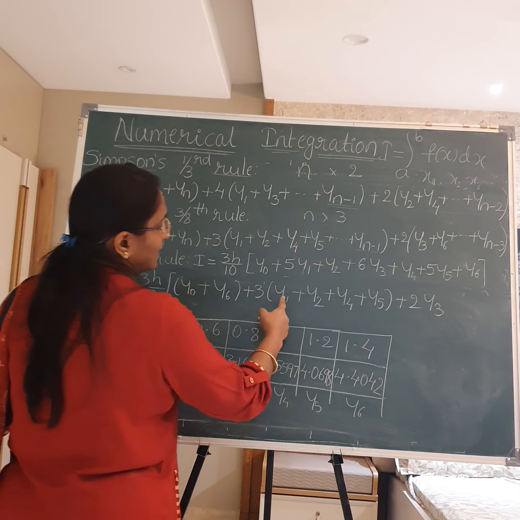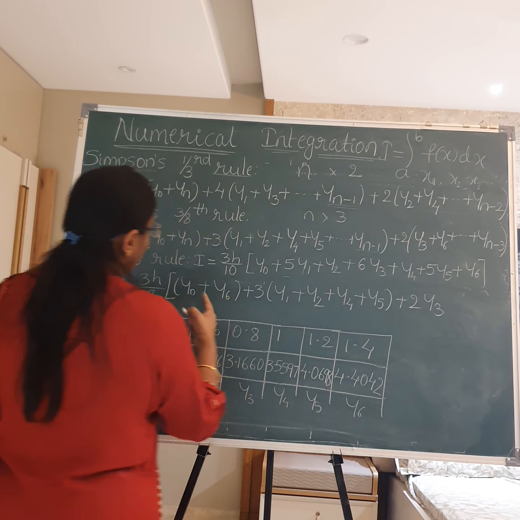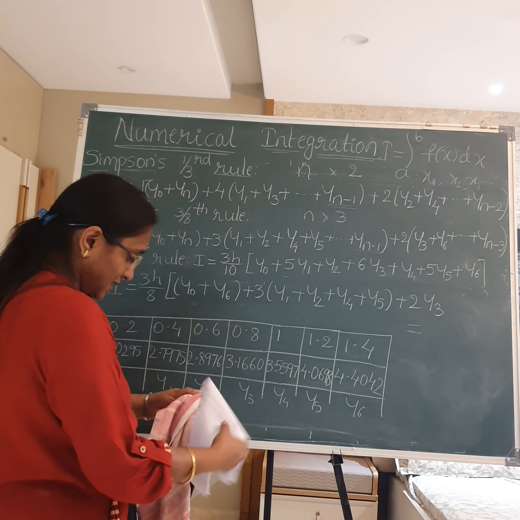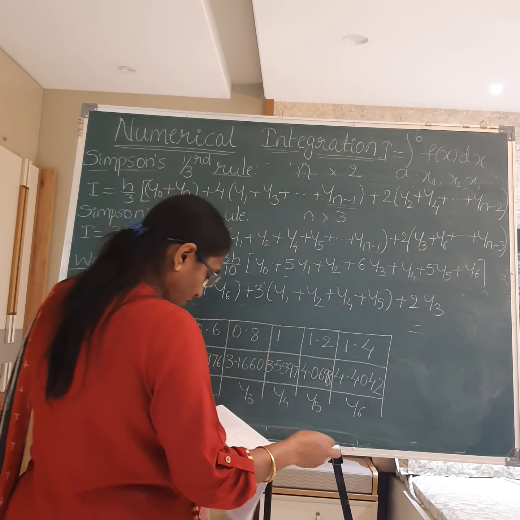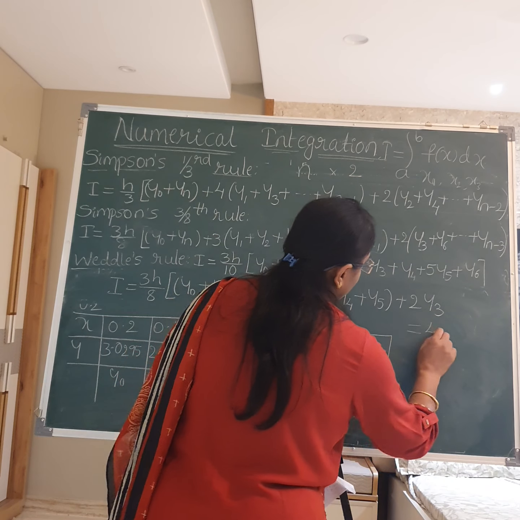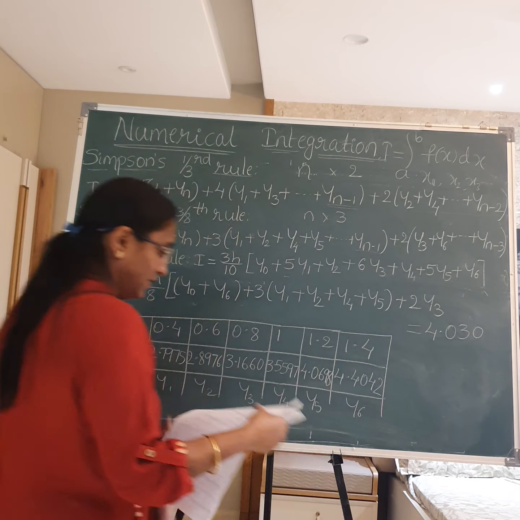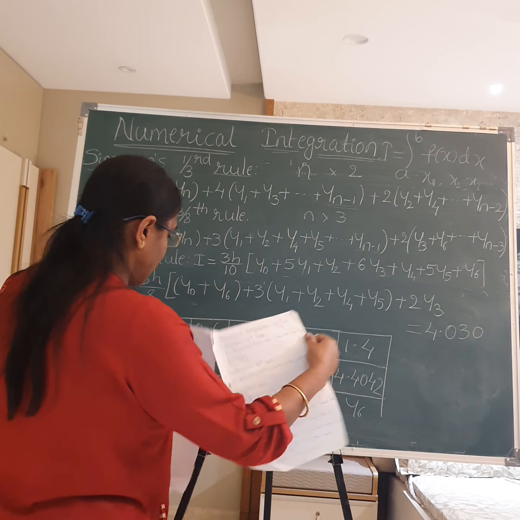Check all the values are there or not, y0 to y6, and find the answer. Its value is 4.030. We'll solve one more last example.